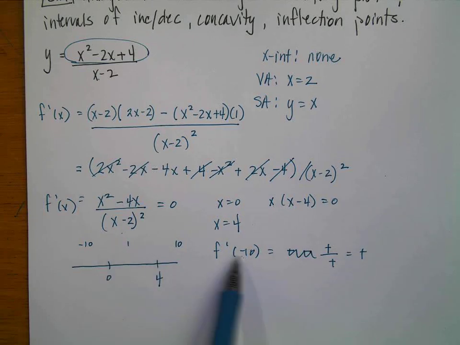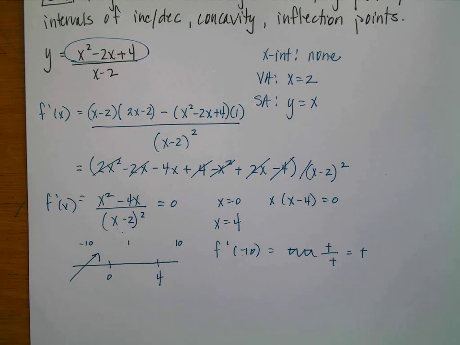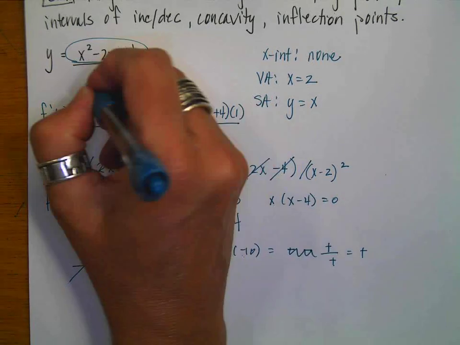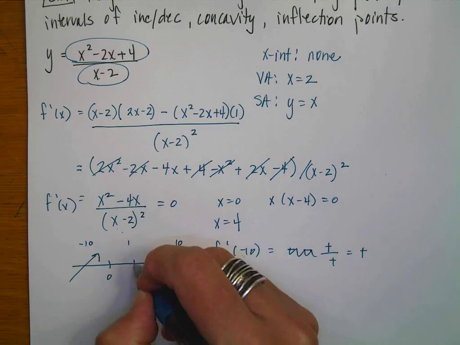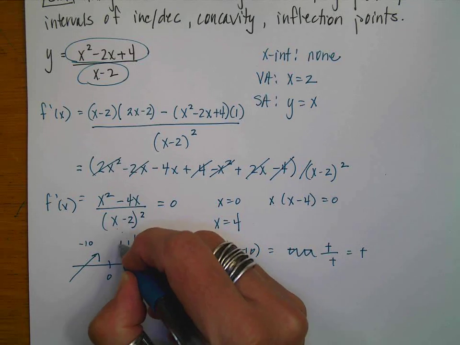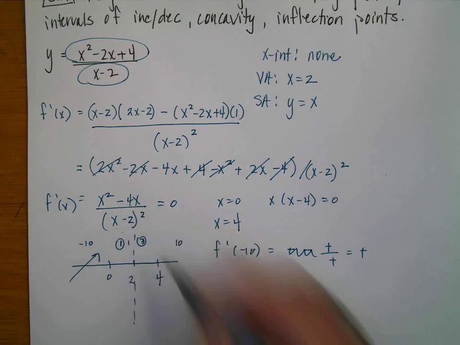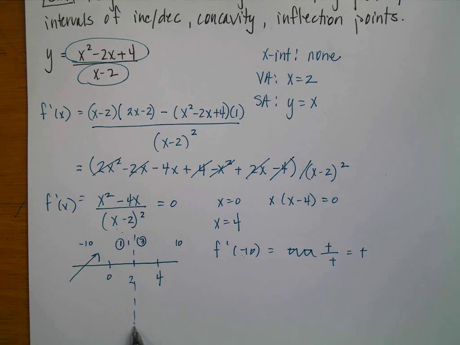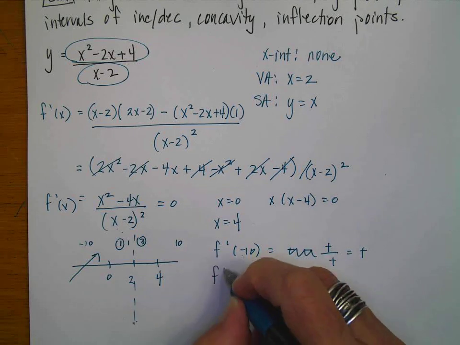Substituting this back into my derivative, that means in this interval the function is increasing. A point to note as I look at my work: I have to put in a vertical asymptote, so I'm going to add a 1 and a 3 as things to check, because a vertical asymptote is going to change the graph, so I want to include that as one of my critical values.